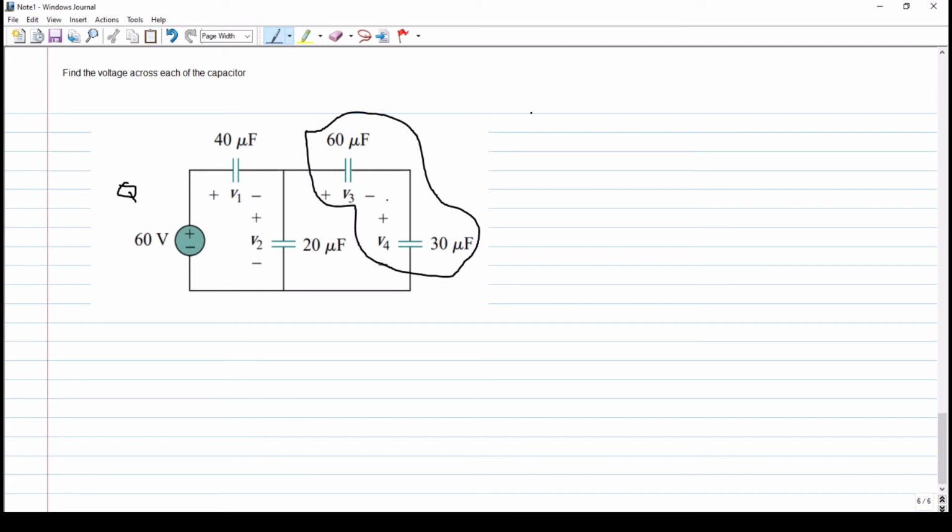Okay. So take note that in series capacitor, 1 over CT is equals to 1 over C1 plus 1 over C2.